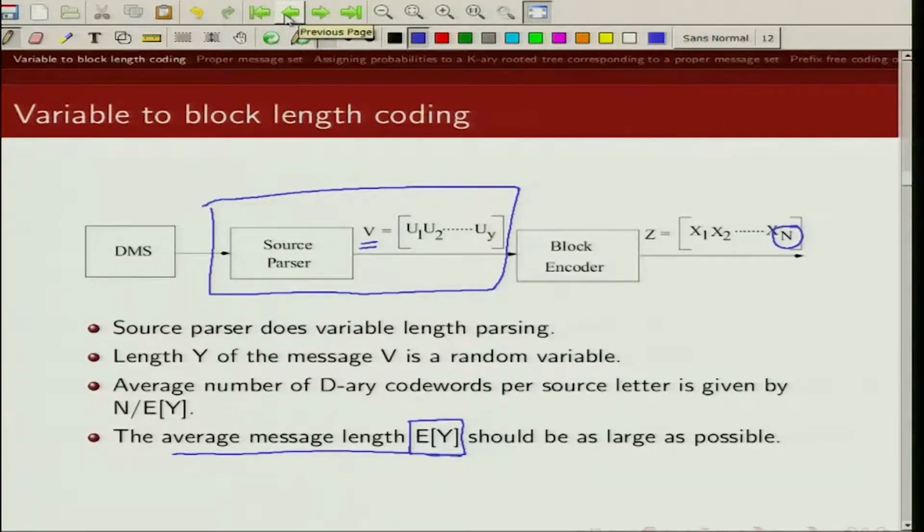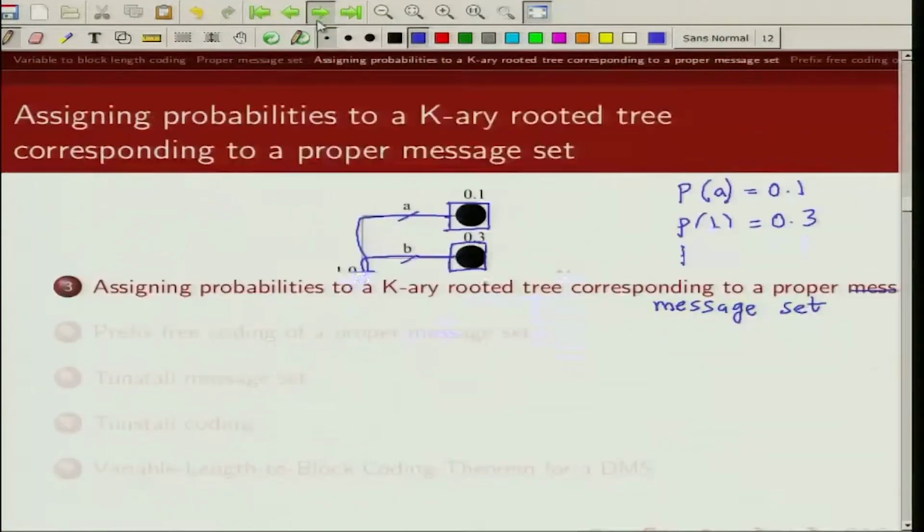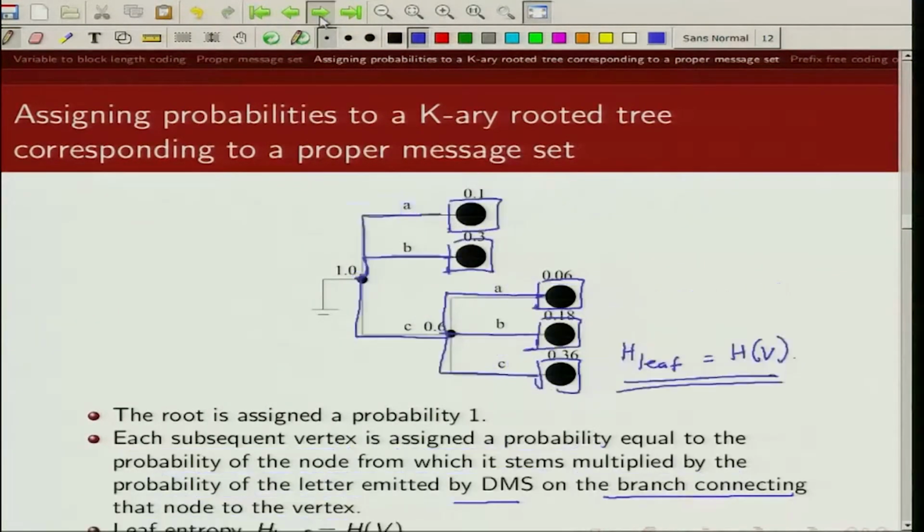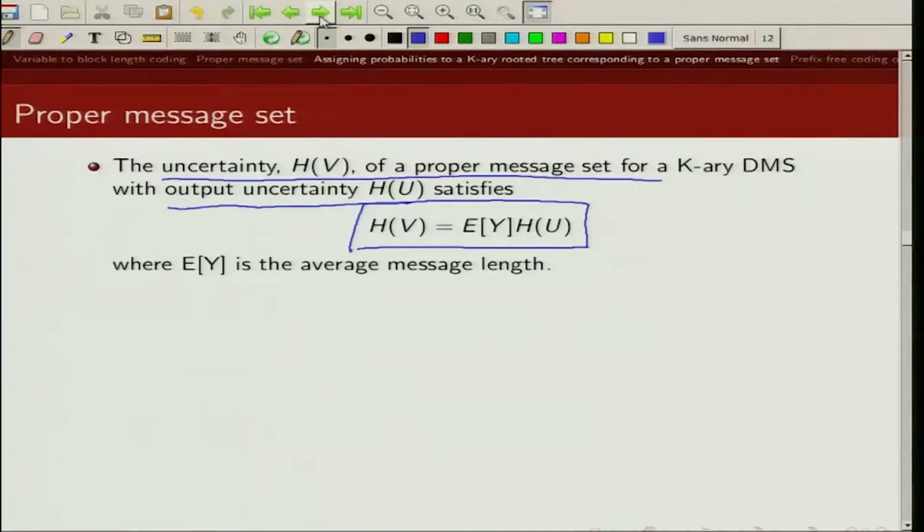U is the input to the source parser, and V is the output of the source parser. If you have a query discrete memoryless source, I have U1, U2, U3, UK. These are the bits emitted by the discrete memoryless source, and V is the output of my source parser. And I am using a proper message set to design my source parser.